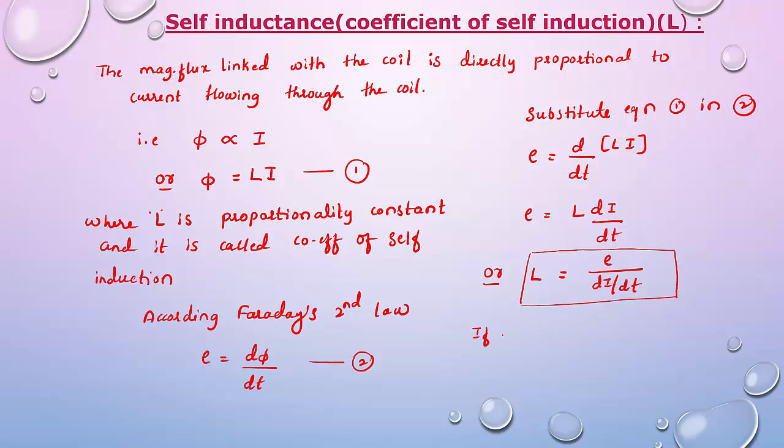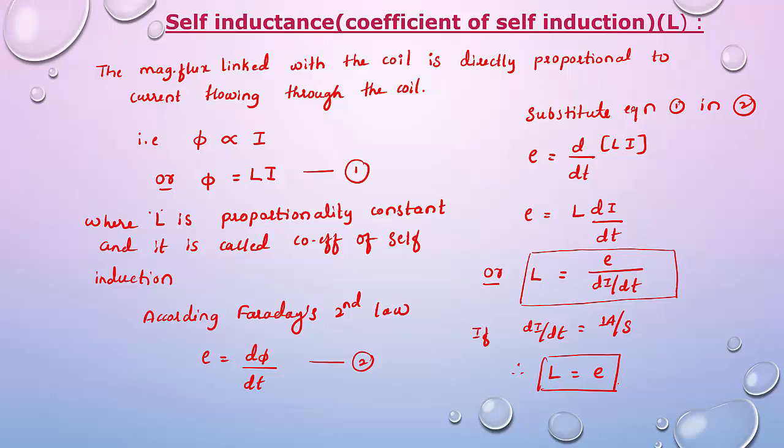Suppose a unit amount of current is flowing through the coil in unit time, that means if di divided by dt is equal to 1 ampere per second, substitute here. Therefore, we will get L equal to E. Self-inductance is equal to the induced EMF when unit amount of current is flowing through a coil in unit time.